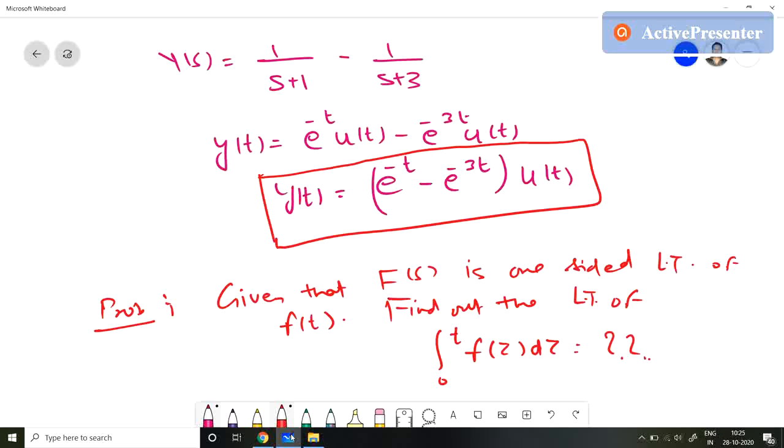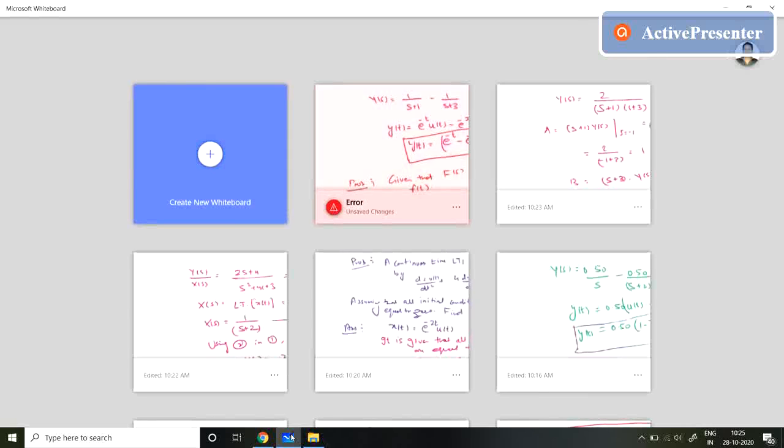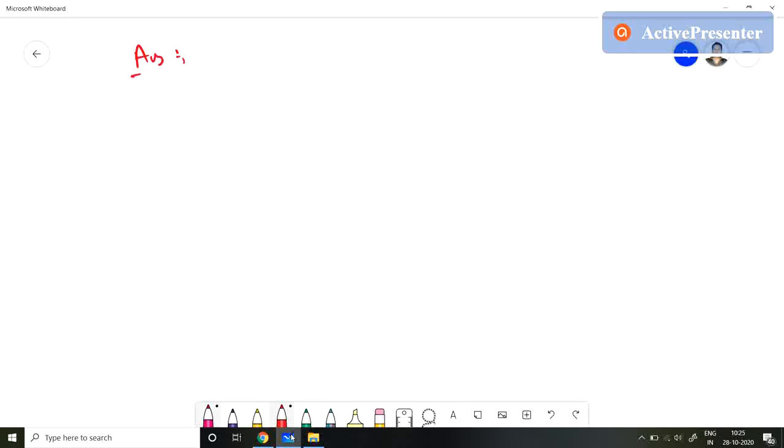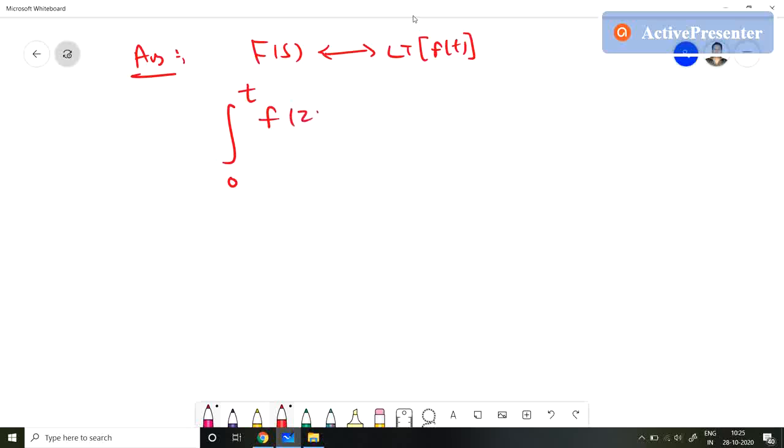So what is given in the problem? It is given that F(s) is nothing but the Laplace transform of f(t). So we need to find out the value of the integral from 0 to t of f(tau) d tau.